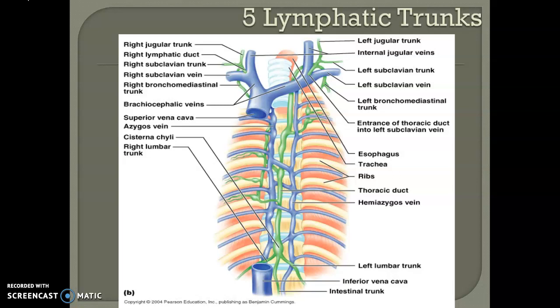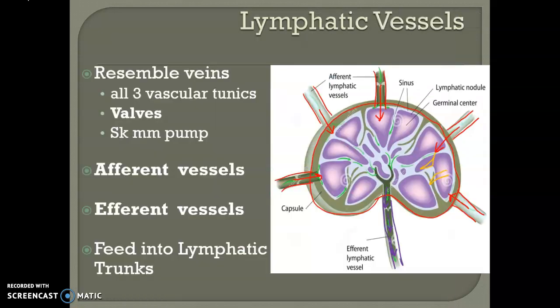Oh, before talking about the lymphatic trunks, one last thing. Remember that these lymph nodes mostly appear in clusters. Therefore, lymph passes from one node to the next and so on, and constantly gets scanned for the presence of antigens. That's a function of these lymph nodes.